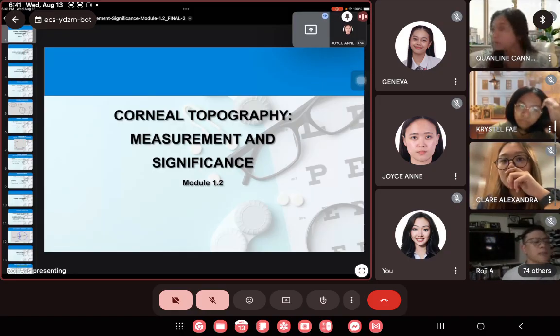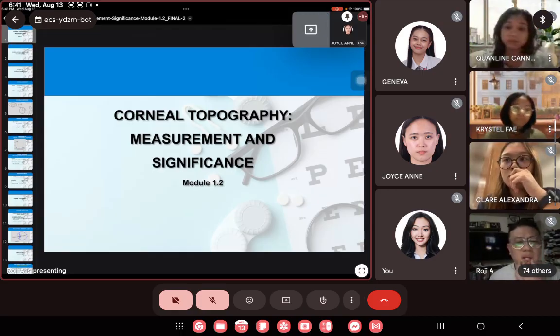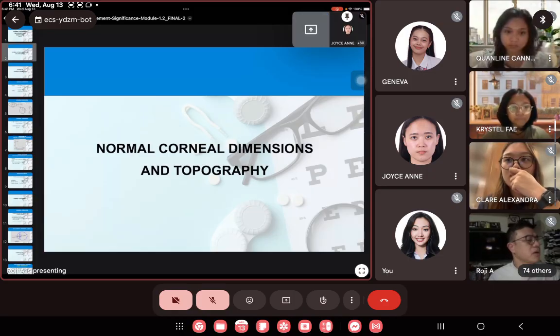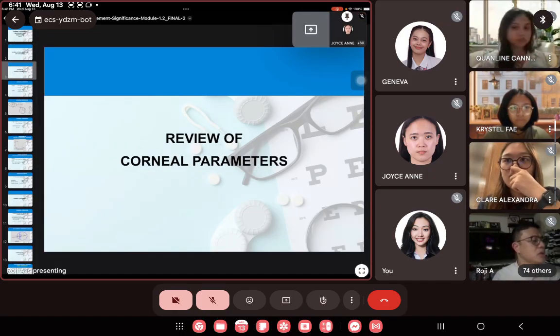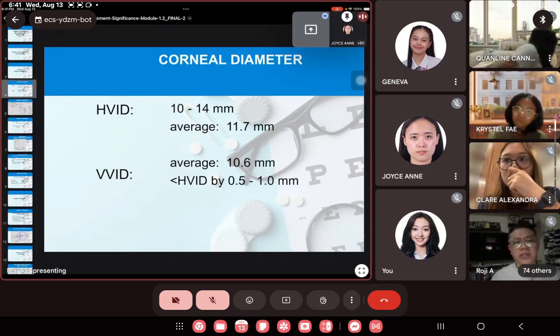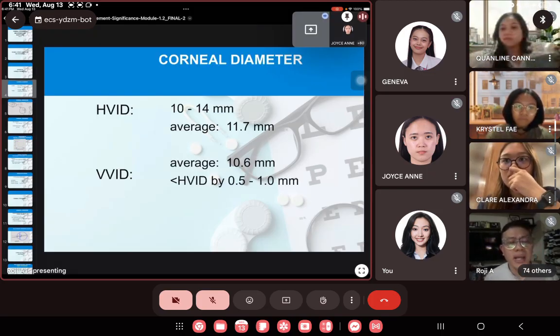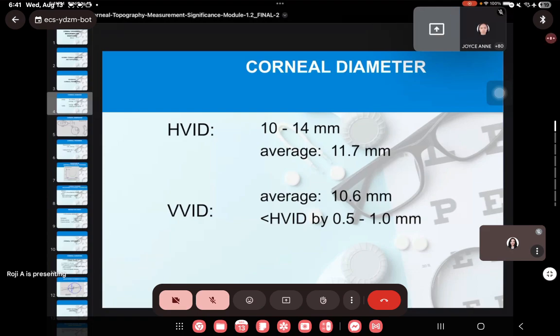So now let's learn more about the cornea. This is the corneal topography, measurement, and the significance. Okay, so the normal corneal dimension and topography. Review of corneal parameters. The cornea HVID is around 10 to 14 millimeters, correct? The VVID, what's VVID again?